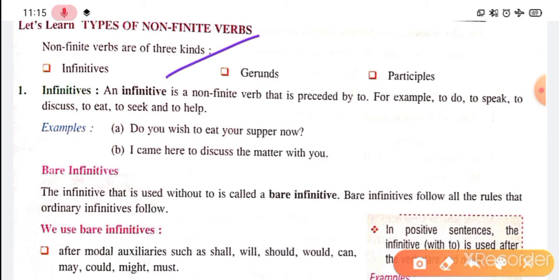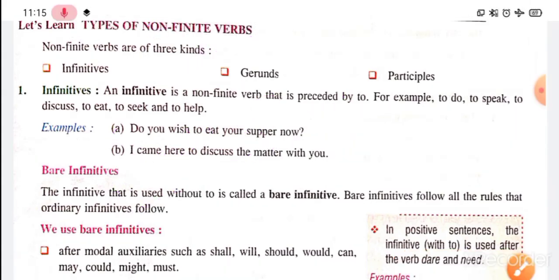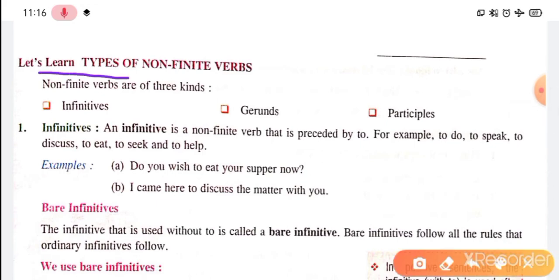And a non-finite verb was the same in all conditions: even if we change the tense, or the subject, or the person and number of the subject, the verb was the same, not changeable, so that verb was non-finite, right? And there are certain types of non-finite verbs that we have to take today.